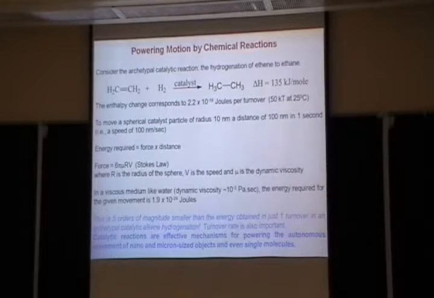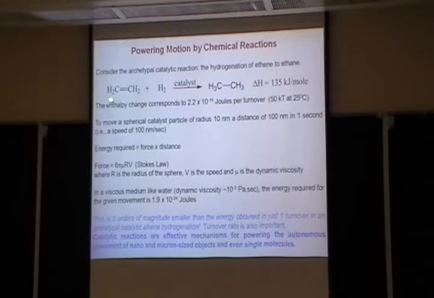Now, you might ask, well, okay, fine, ATP to ADP, but do chemical reactions in general pack enough energy to cause things to move? And so this is just an illustration. If we ask a chemist, what is the simplest reaction you can think of?